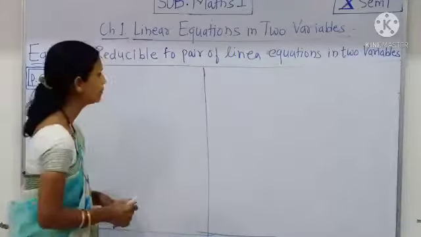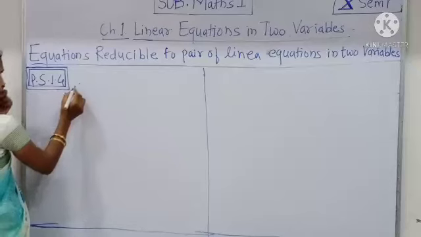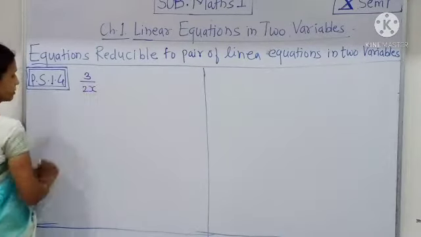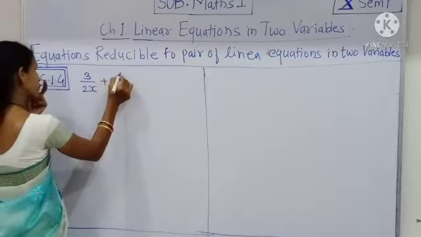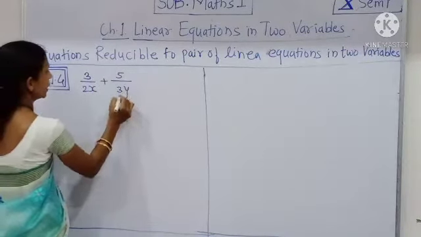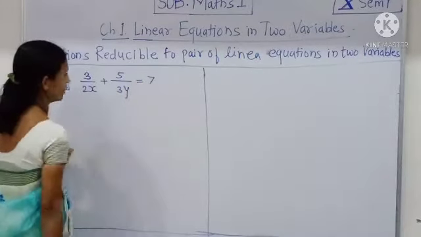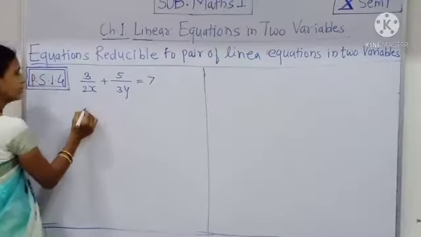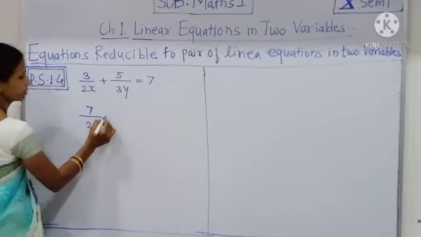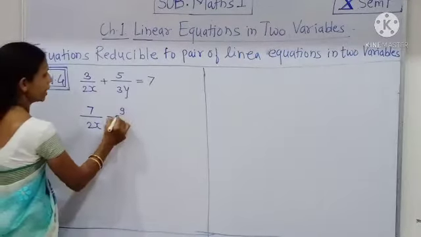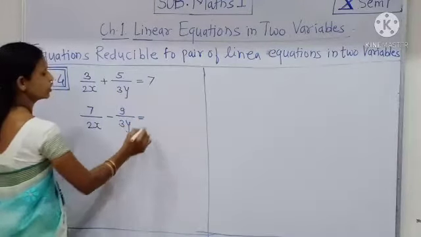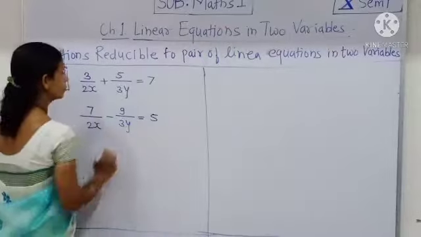For example, see here, 3 upon 2x plus 5 upon 3y is equal to 7, and 7 upon 2x minus 9 upon 3y is equal to 5.